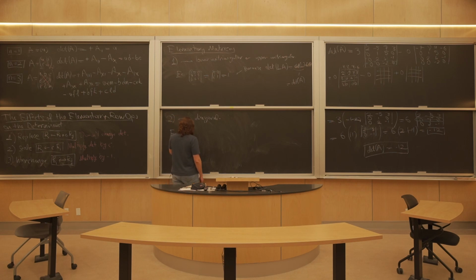If I were to take an arbitrary diagonal matrix, I only have entries that are possibly non-zero on the main diagonal. So let's say d1, d2, dot, dot, dot, dn, and everything else is 0. Okay? So here I'm saying that if I'm looking at an entry that is not on the main diagonal, it is 0.